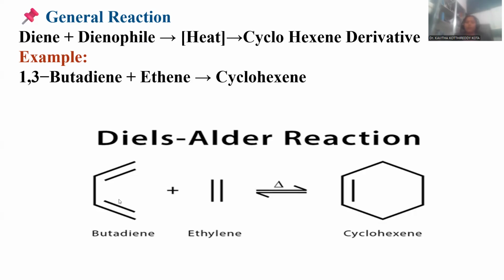Initially you can count the number of double bonds here: 1, 2, and in the other starting material 3. In total there are 3 pi bonds. After this ring formation you can notice only 1 pi bond.